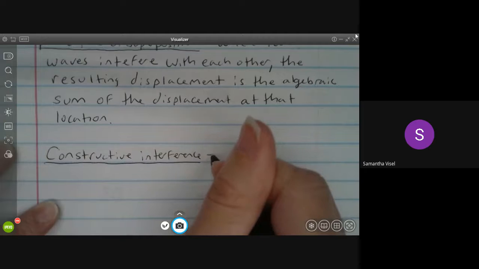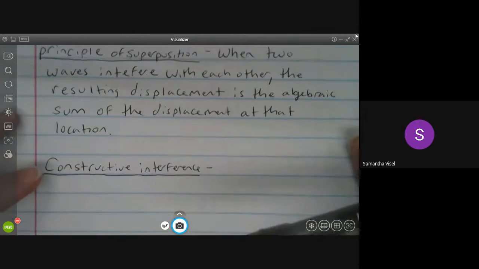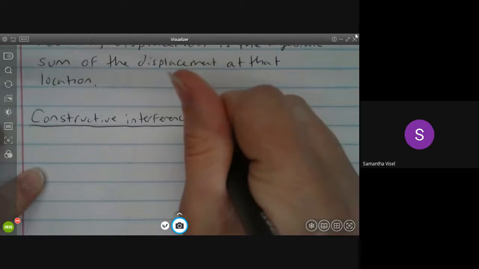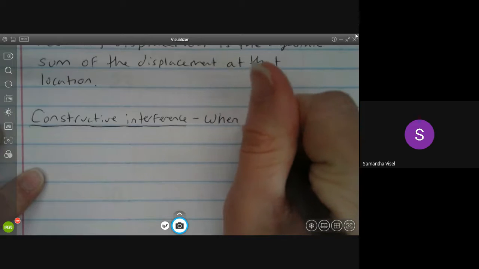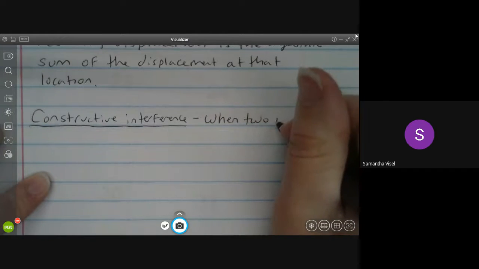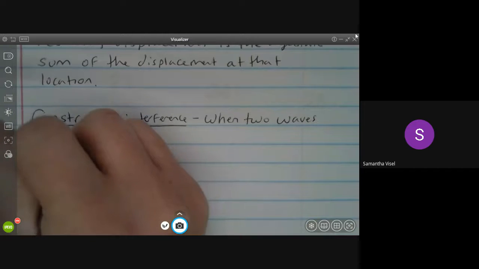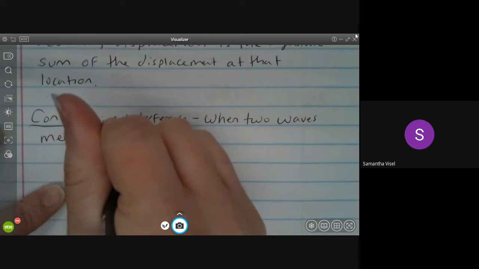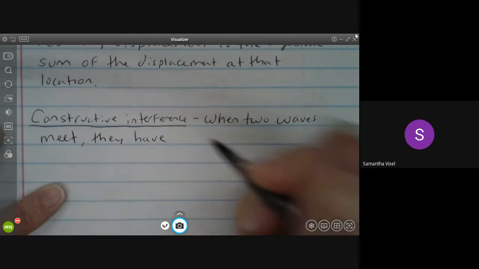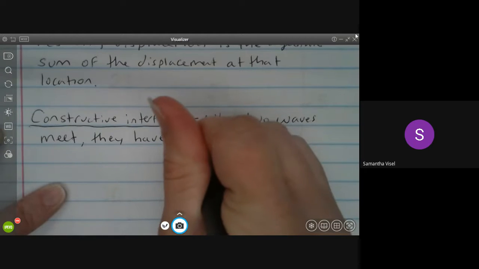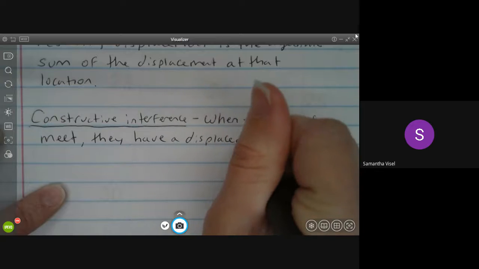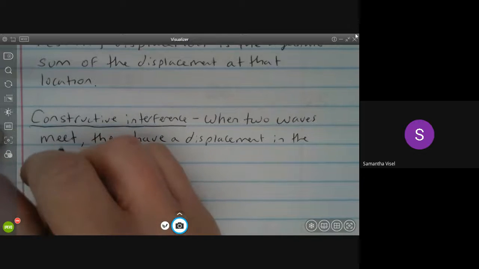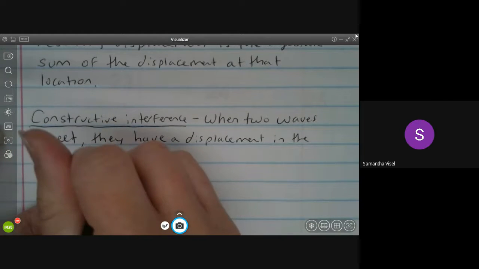Constructive interference. And so with constructive interference, when two waves meet, they have a displacement in the same direction.